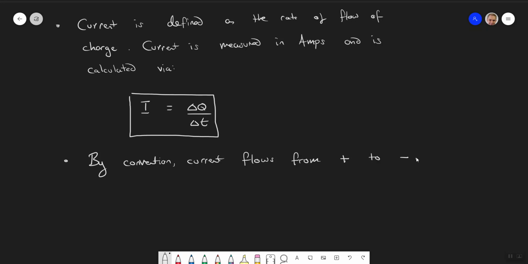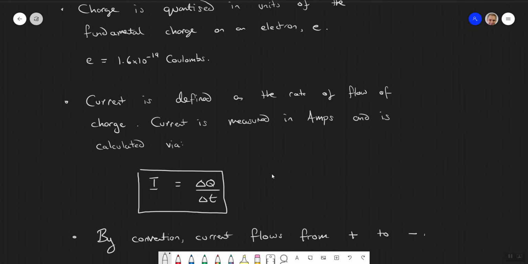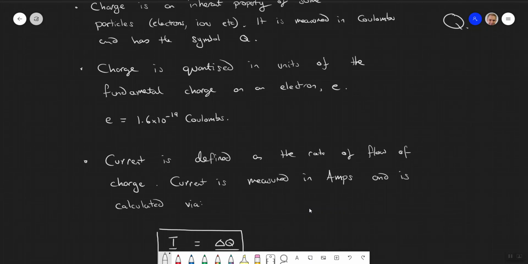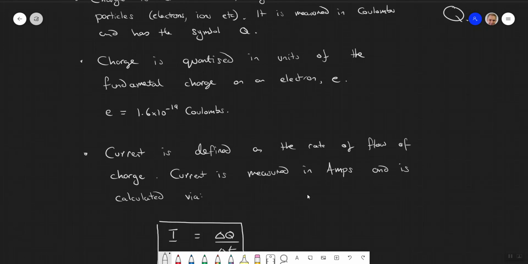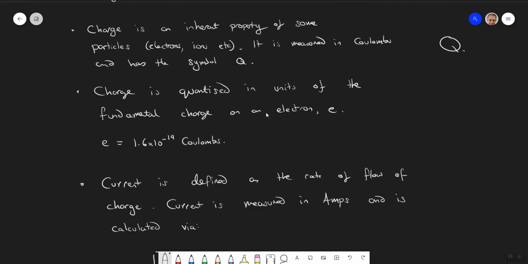That's pretty much summing up where we were at with GCSE, and we did see how you can start calculating the number of electrons in a certain amount of charge. The number of electrons is equal to the total charge divided by the charge on the electron.